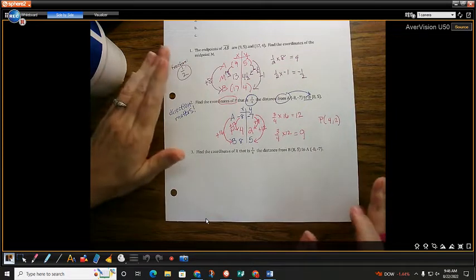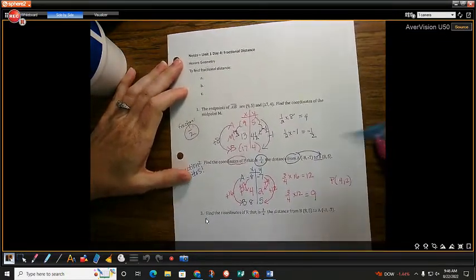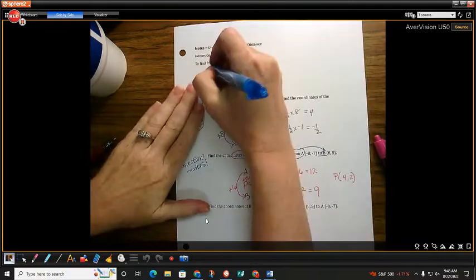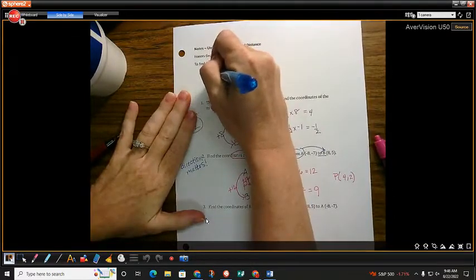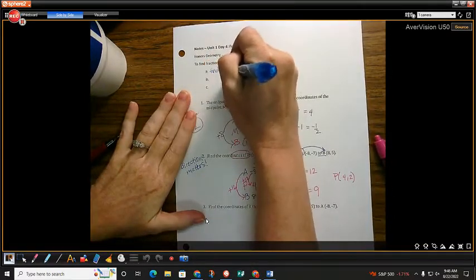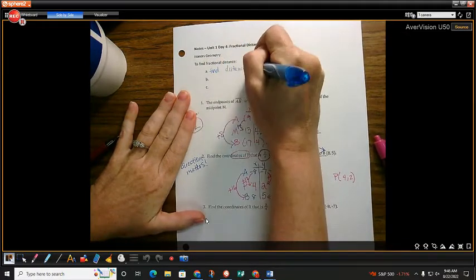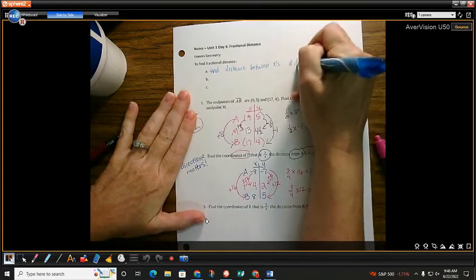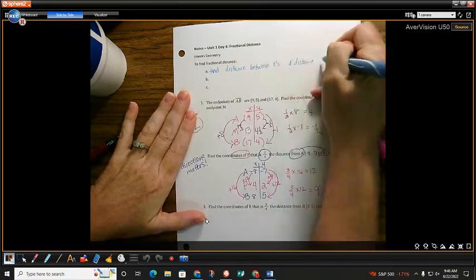What steps did I take in both of these? We want to write down steps so we always remember what to do. So what's the first thing I always did on these? I made my table, and then I find the distance between the x's and the distance between y's.